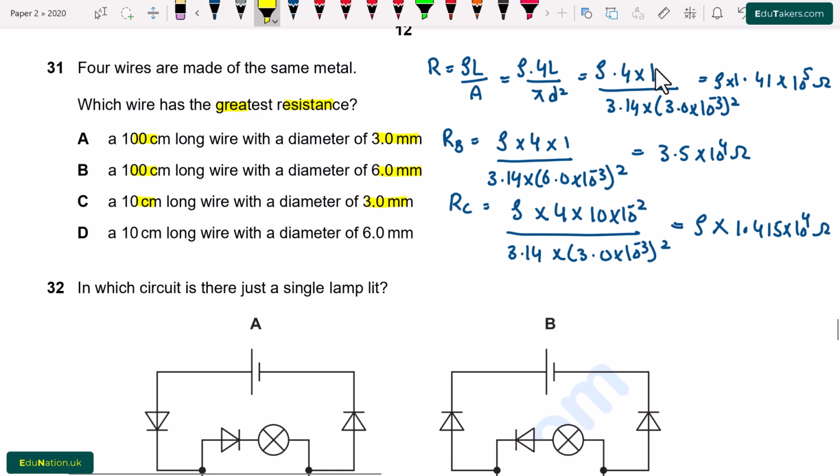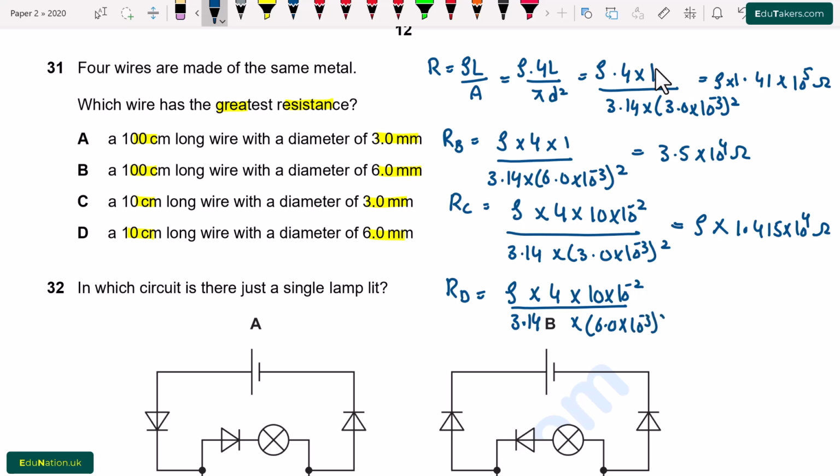The resistance of the wire D, which is 10 centimeter long and diameter is 6.0 millimeter. So RD will be equal to resistivity multiplied by 4 × 10 × 10^-2 divided by 3.14 times (6.0 × 10^-3) square.